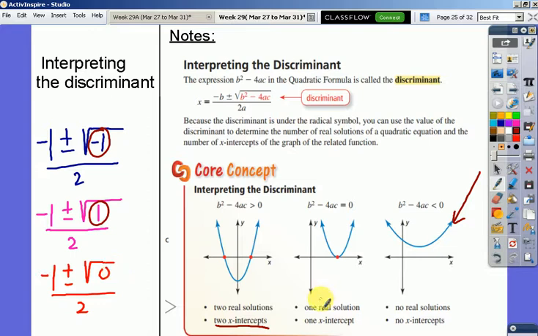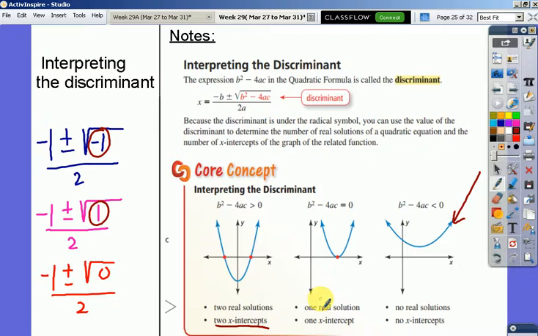So, the moral of the story is, to determine the number of solutions that you have, you are looking at the discriminant. What is the discriminant? The discriminant is the b squared minus 4ac part of your quadratic formula. If it's negative, then you have non-real solutions. If b squared minus 4ac is positive, then you have two distinct solutions.